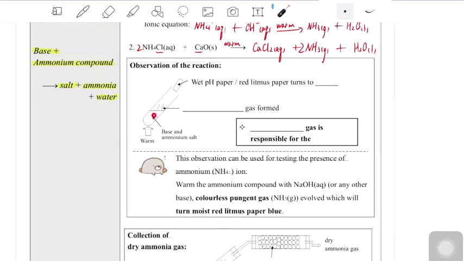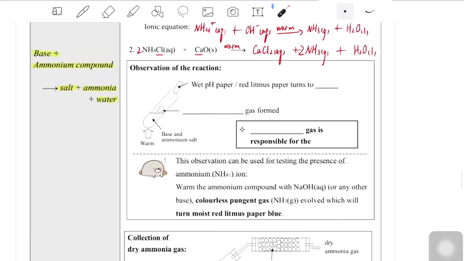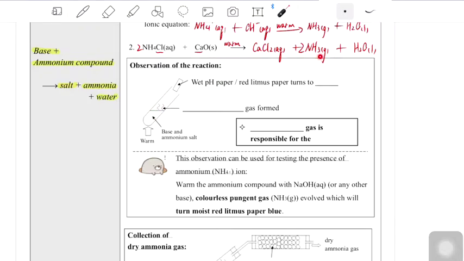A gas is formed which is colorless. And this gas, which is ammonia, has a really bad smell. In chemistry, we describe this kind of smell as a pungent smell. So we would describe that a pungent gas is formed.